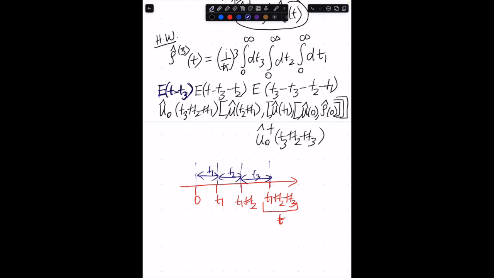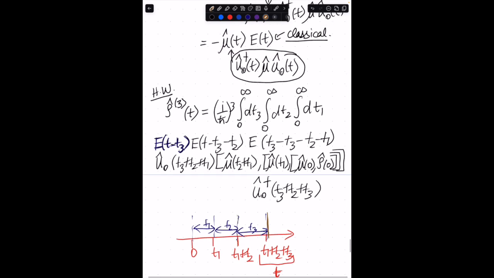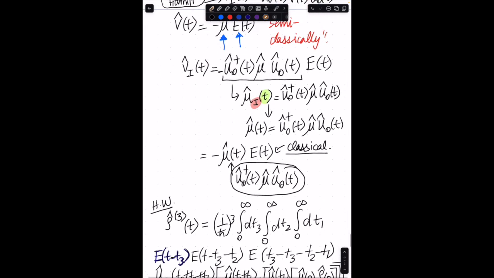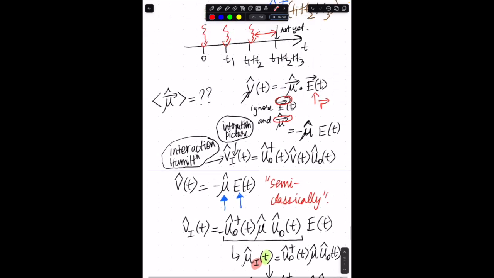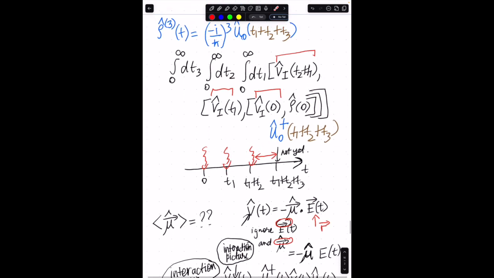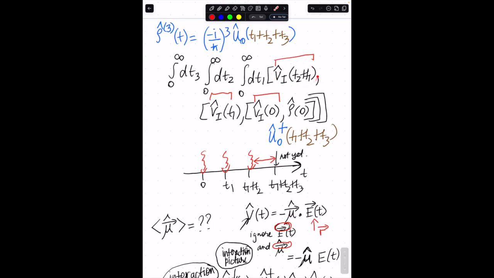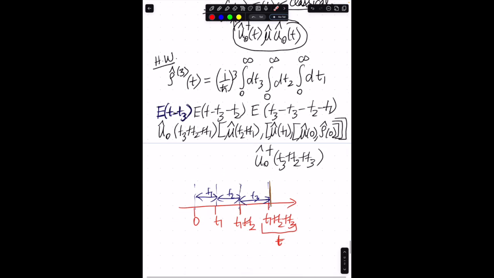So E of this t minus t3, which is at this time, would be the same as E of t1 plus t2, because in actuality, when you substitute this equation into your expression, you should get E of t1 plus t2. So E of t1 plus t2 is the same as E of t minus t3. That's why this has been mentioned here.